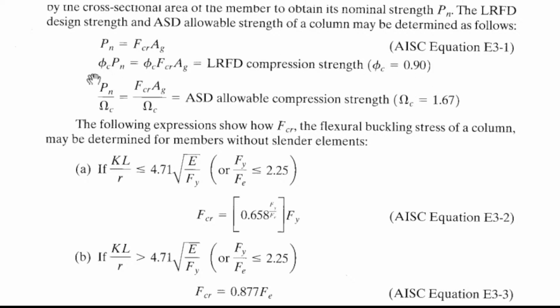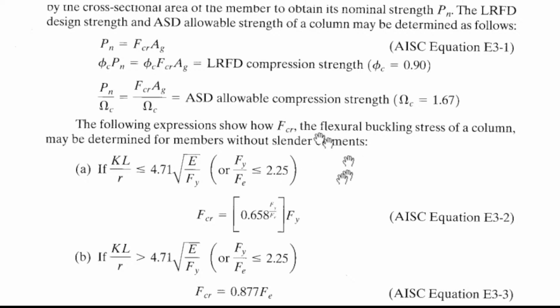So for ASD, 0.9 corresponds to 1.67. The following expressions show how Fcr, the flexural buckling stress of a column, will be determined for members without slender elements.